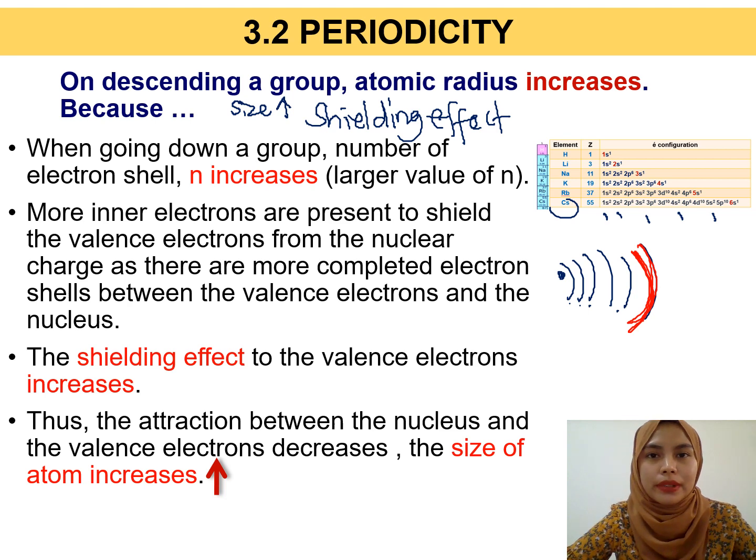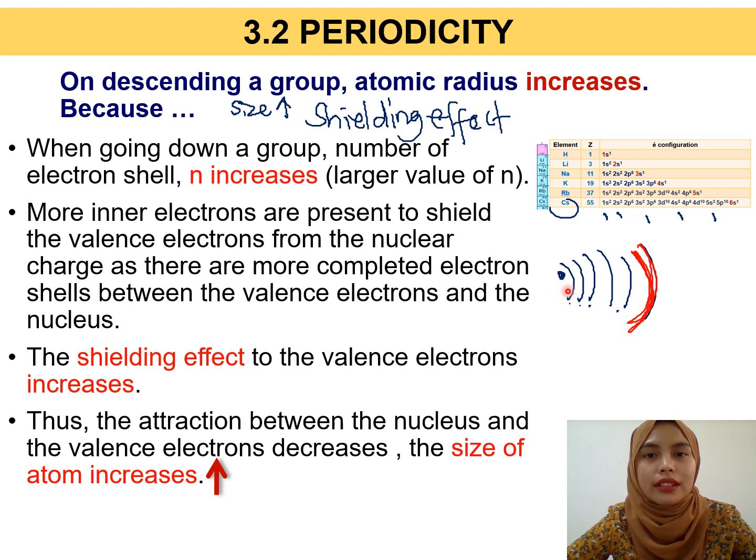Why? It is all about the attraction between the nucleus and the valence electron. If there are too many inner orbitals, the attraction between the nucleus and the valence electron is very weak because of the presence of too many inner shells. Why? Because of the shielding effect.